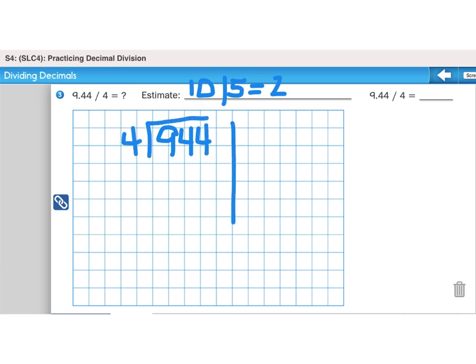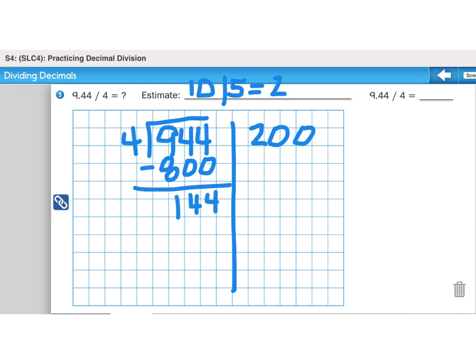Let's do partial quotient this time. Okay. So let's say we are going to multiply 4 by 200. 4 times 200 is going to give us 800. We're going to subtract that. So we will get 144.